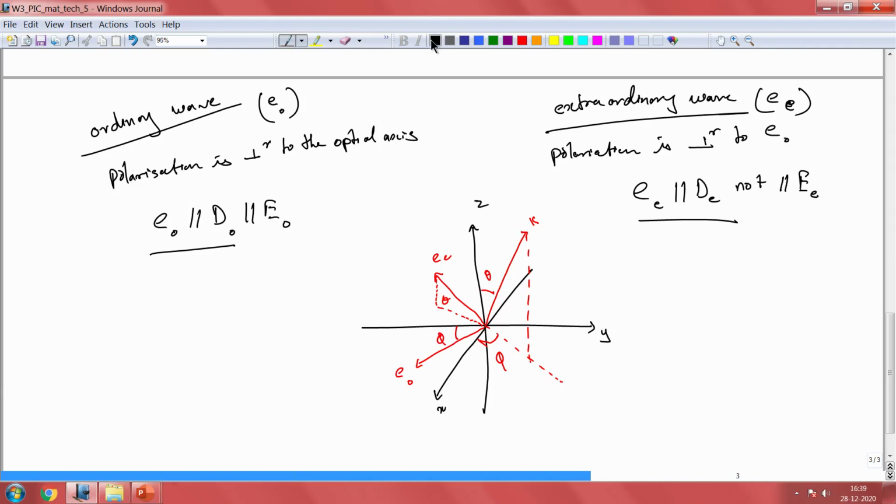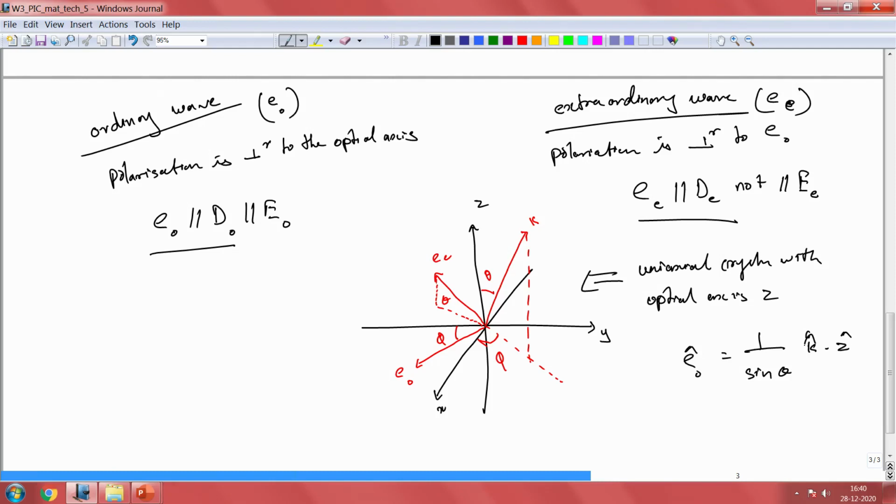So, this is for a uniaxial crystal with the optical axis along z. All right. So, now the unit vector E naught, as you can see, you can write it as sin theta k times z hat, and we all know one can write it this way, right.